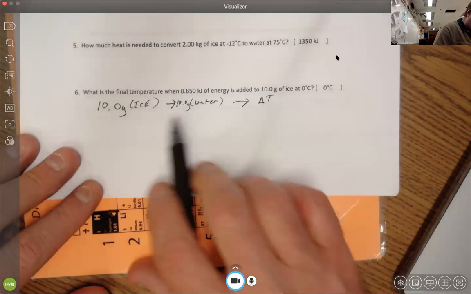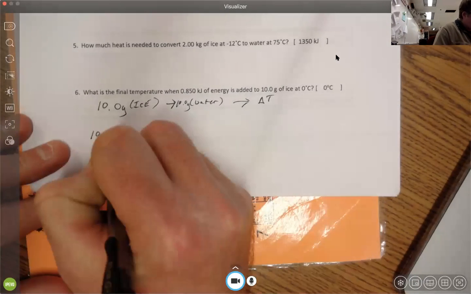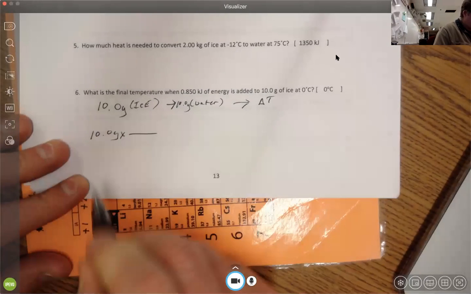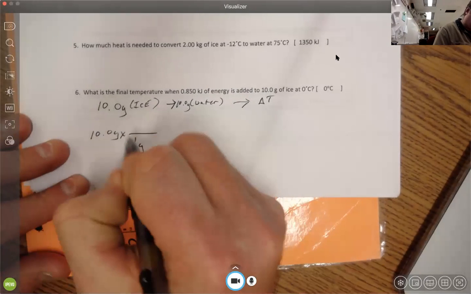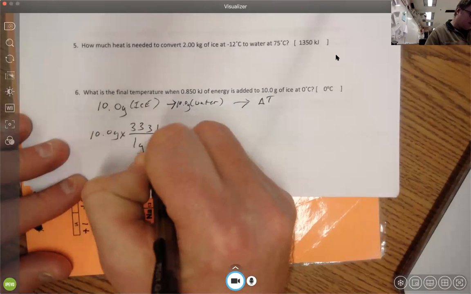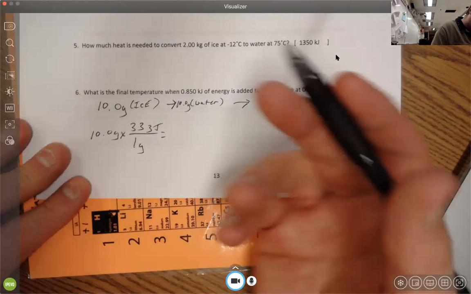So if we take a look, 10 grams of ice. Heat of fusion, every 1 gram of ice requires 333 joules. 10 times 333, it's 3,330.